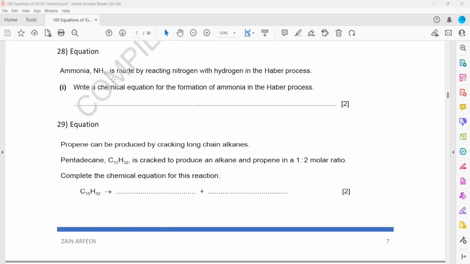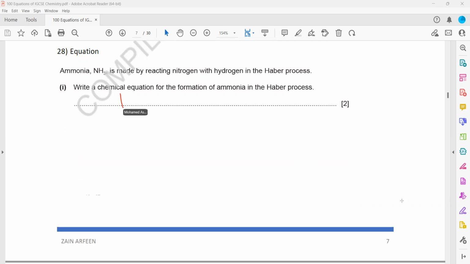In 28, ammonia is made by reacting nitrogen with hydrogen in the Haber process. Write a chemical equation for formation of ammonia in the Haber process. Keep in mind that the Haber process is a reversible reaction. First, nitrogen and hydrogen are reacting.